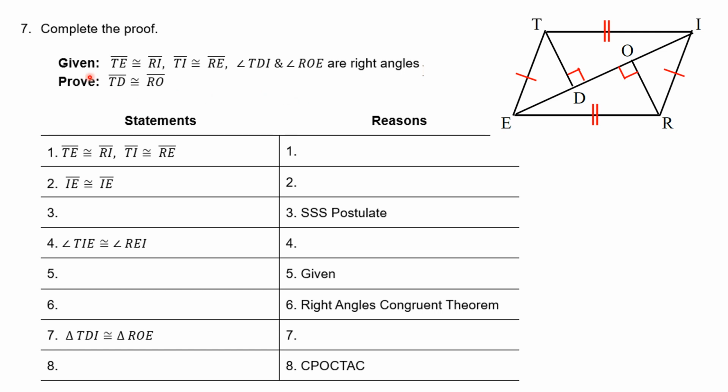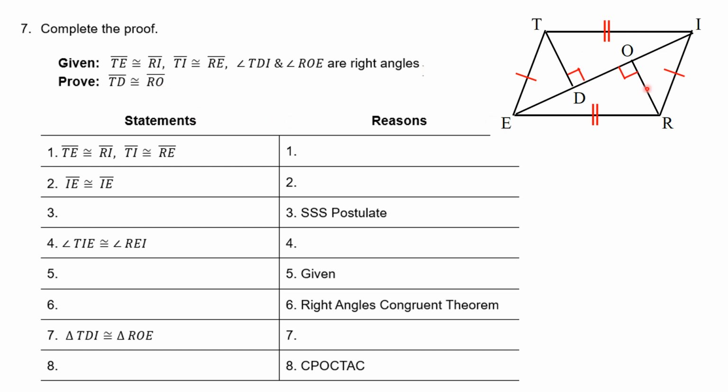All right, so we are given that line segment TE is congruent to line segment RI. They have already marked that as congruent for us. And then it says that line segment TI is congruent to line segment RE, and those are also marked as congruent. And then it says that angle TDI, that's that right angle, and angle ROE are right angles, and of course that means they are congruent to each other by the right angles congruent theorem.